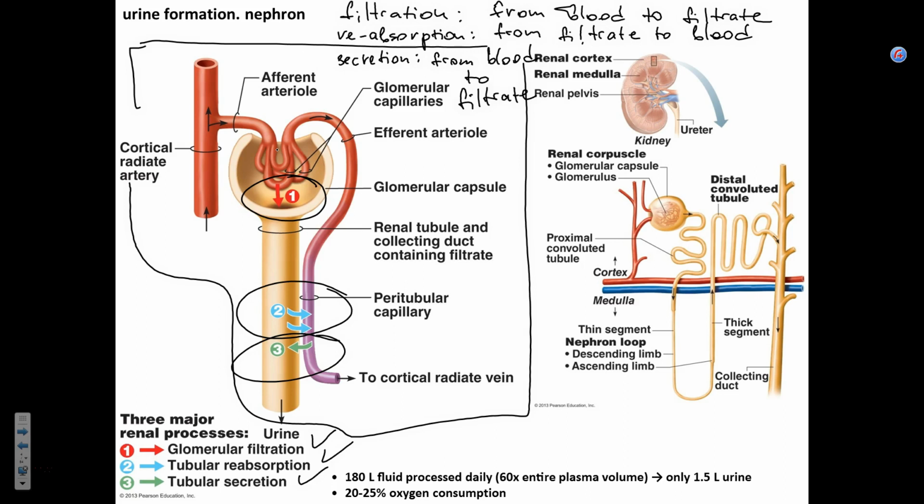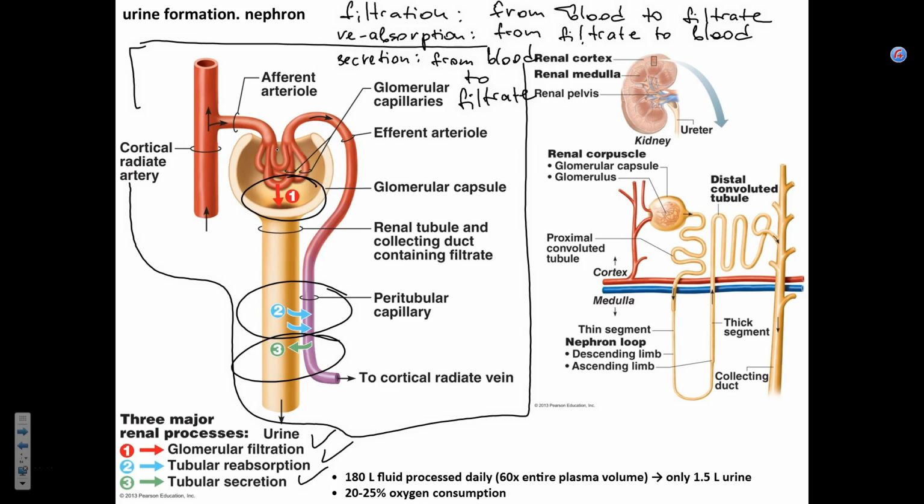Okay? So, what I'm trying to tell you is that kidneys filter 180 liters of fluid every day. And despite that, they produce only 1.5 liters of urine, meaning that they are incredibly efficient. Does that make sense?